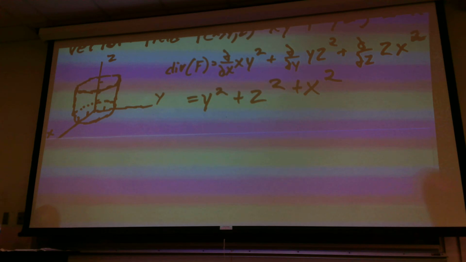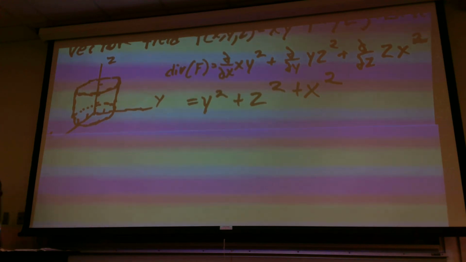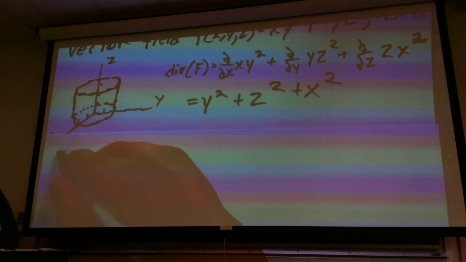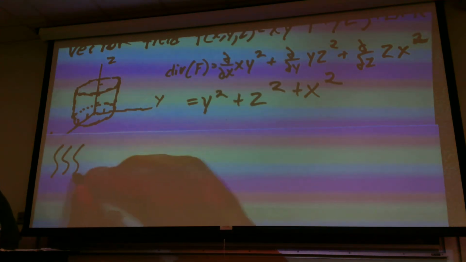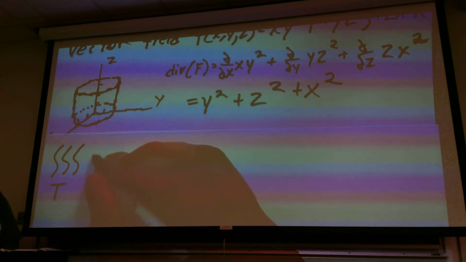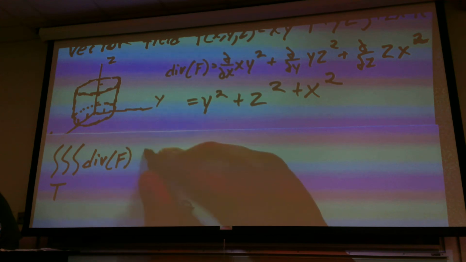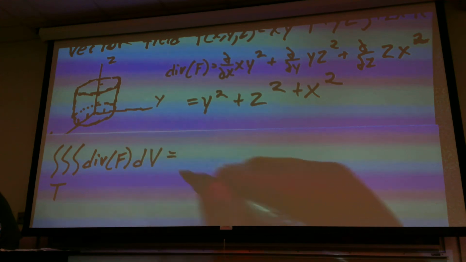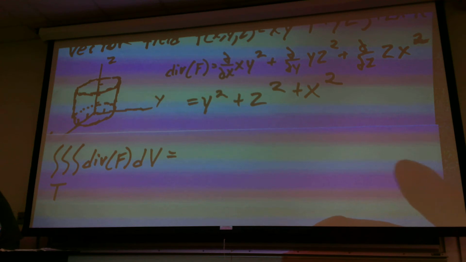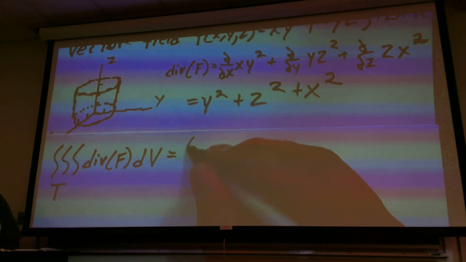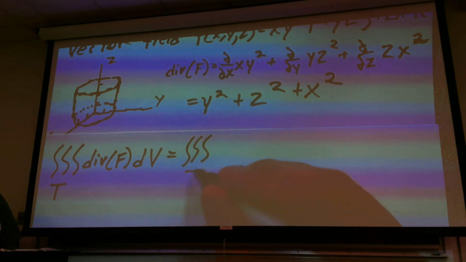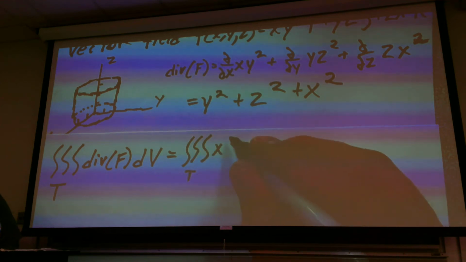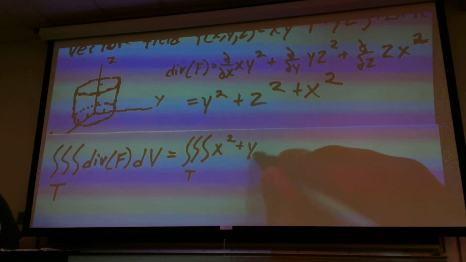So we're talking about the triple integral over T of the divergence of F dV. I'm going to rewrite this in a slightly different form.